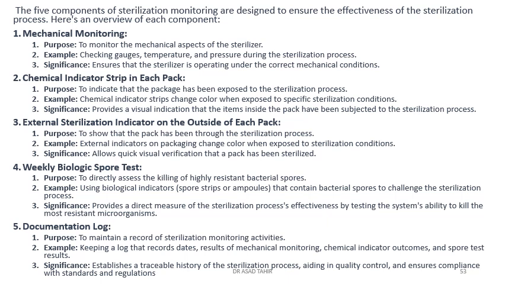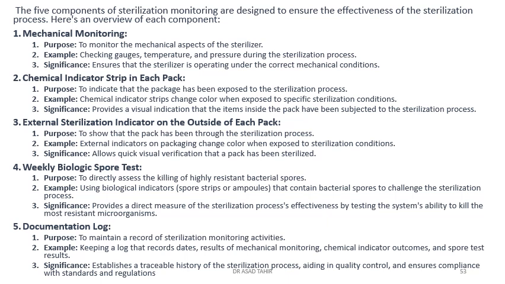Weekly biologic spore test. Purpose: to directly assess the killing of highly resistant bacterial spores. Example: using biological indicators, spore strips or ampoules, that contain bacterial spores to challenge the sterilization process. Significance: provides a direct measure of the sterilization process's effectiveness by testing the system's ability to kill the most resistant microorganisms.